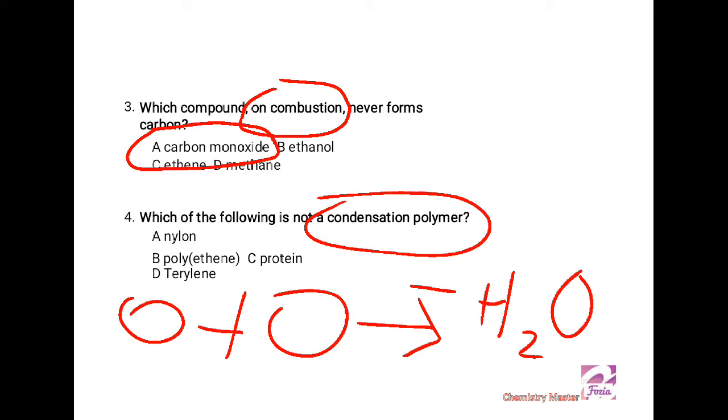And out of these four options, only polyethylene is that polymer in which the ethene units are linked one after another by just opening up the chain of carbon fragment. So this is the only polymer which is not considered as a condensation polymer because no water molecule is coming out.